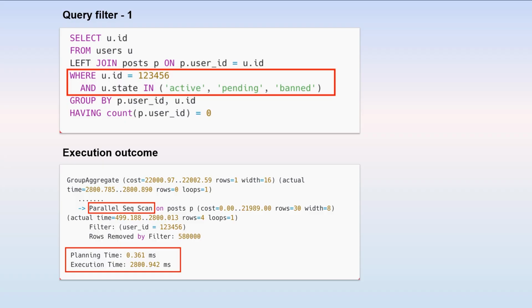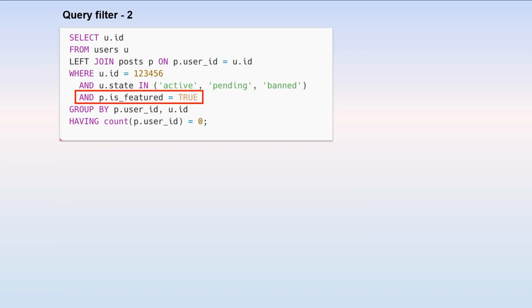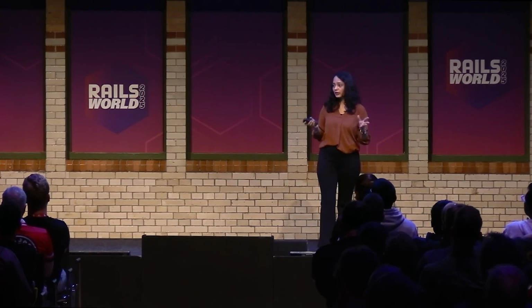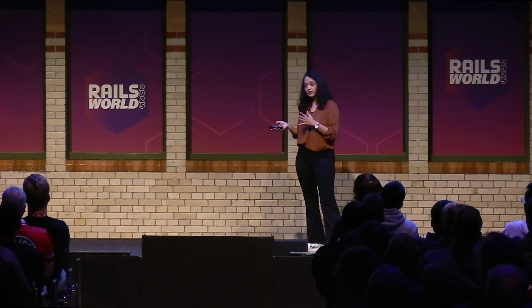Then I added one more condition, is feature true, and this brought the execution time down to 0.7 milliseconds, and it used the index scan. Is that magic? From 2800 milliseconds, it has come down to 0.7 milliseconds, and from a parallel scan to an index scan.